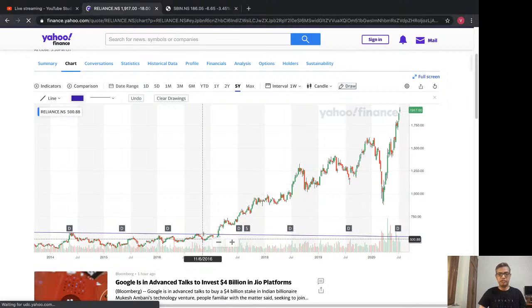So look at this. If you see here, all the way from about 2014 June till about 2017 January, the stock essentially stayed within this zone.